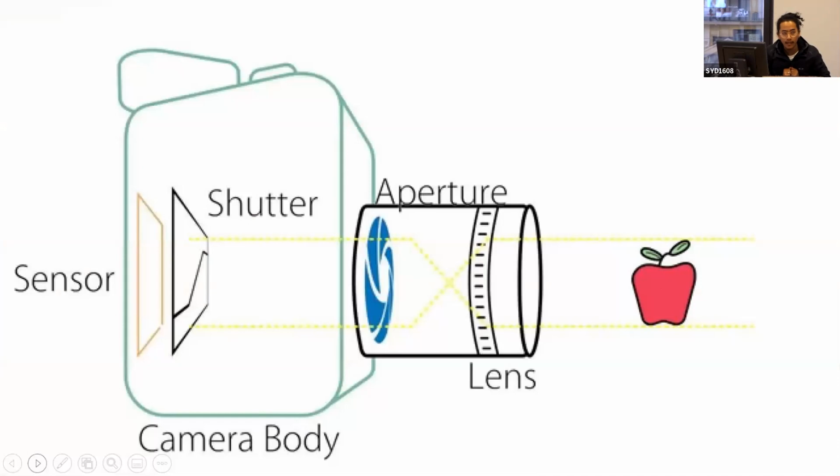this is basically to show you guys how a camera works or how a camera is made. As you can see, going from left to right, at the left there is a sensor that actually captures the image. Before the sensor there is a shutter that opens and closes according to the timing we provide.